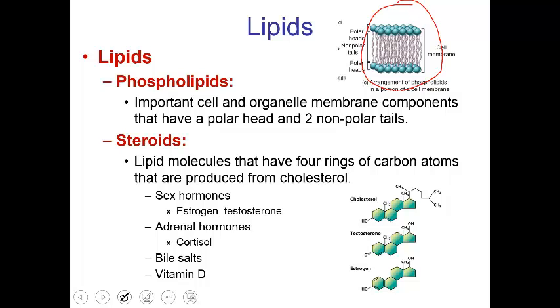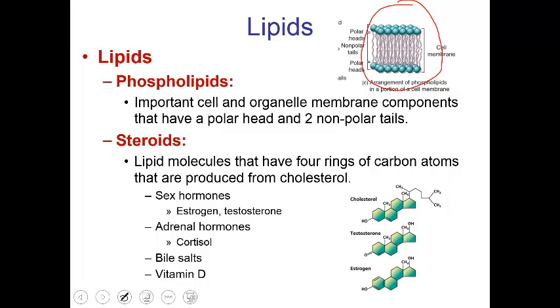Adrenal hormones. Sitting on top of each of our kidneys is an adrenal gland, which determines how our bodies react to stressful situations versus calm situations. The hormone that the adrenal gland secretes is cortisol. Bile salts are produced by the liver and are also an example of steroids.